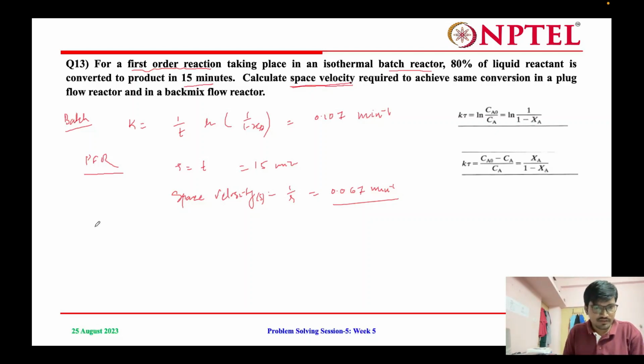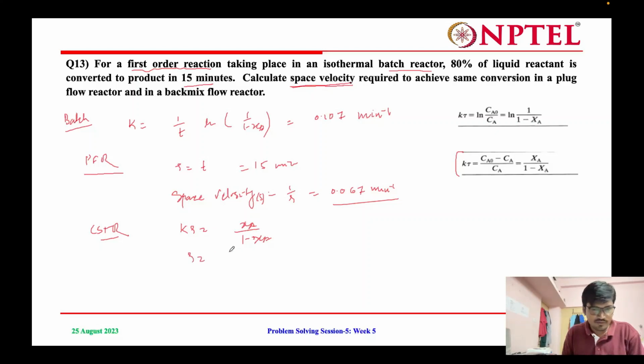For CSTR, the performance equation is k tau equal to XA by 1 minus XA, right?